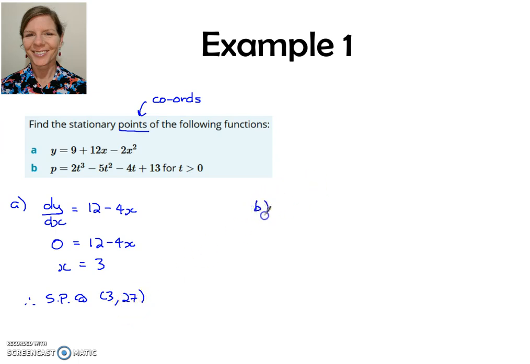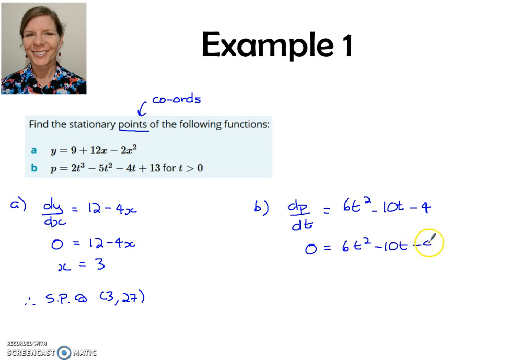For part B, we've got the derivative first, so we're doing dp in terms of t, dp/dt. That's going to be 6t squared minus 10t minus 4. We want to know when that equals 0, so 0 for what values of t.